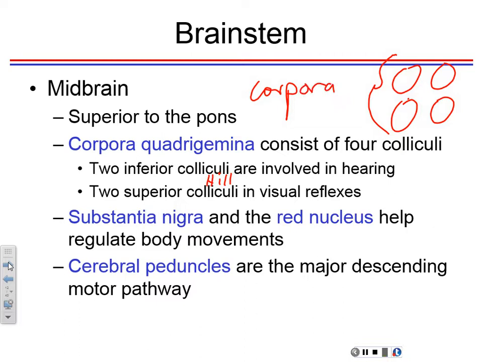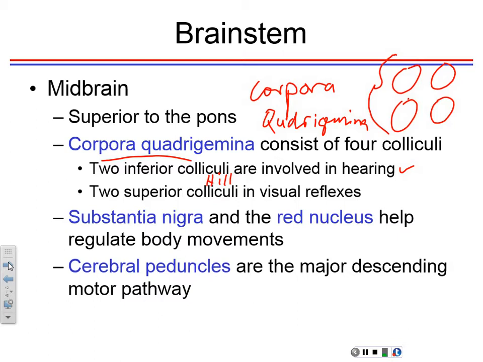Corpora means bodies, and quadrigemina means four of them. That refers to the two superior colliculi and two inferior colliculi. The inferior colliculi deal with hearing in the midbrain, and the two superior colliculi deal with vision reflexes.